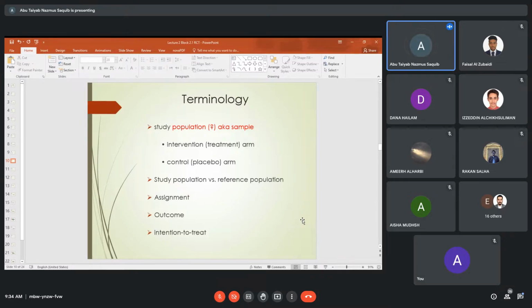So if the study population is the sample, then what is the reference population? As I said, we always study the sample, but we want to generalize our result to a bigger population. Whatever your study sample, the population that the results belong to or are applicable to is called the reference population.